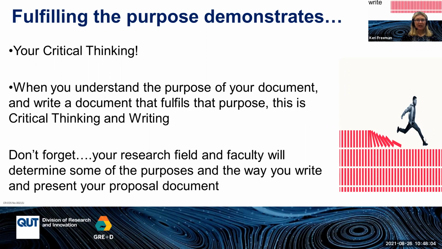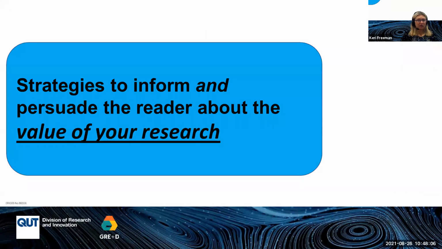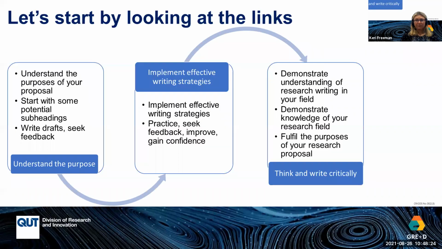All right, so now we're going to look at some strategies to persuade and inform the reader about the value of your research. Remember, that's one of the main things that we're demonstrating in this proposal, because we want to go ahead and undertake this research. So let's have a look at how everything links together.